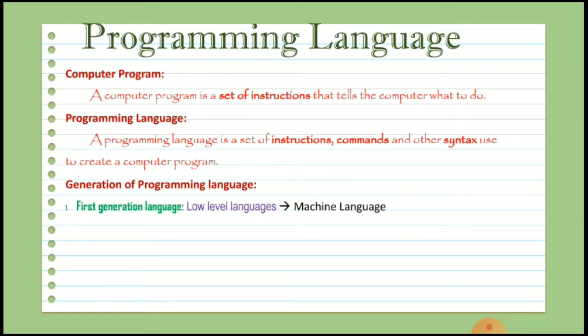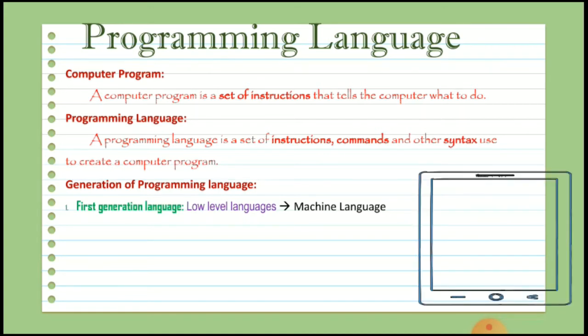The first generation language, these are low level languages like machine languages. This type of language is written using zeros and ones, also called binary numbers, and computer can understand this language directly.